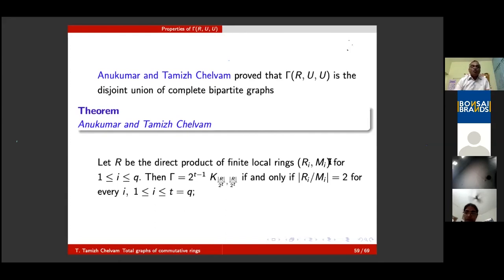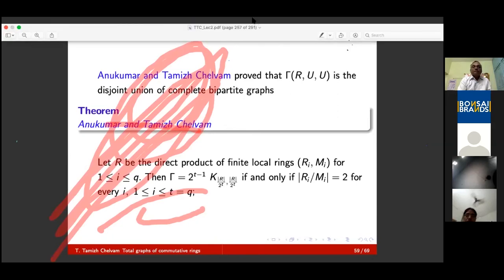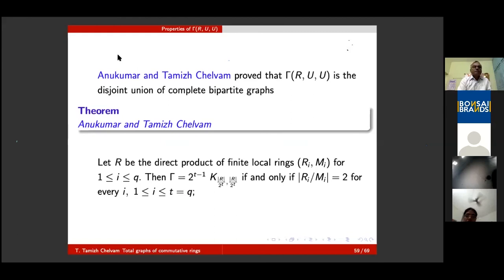gamma R,U,U. We have proved that gamma, that is gamma R,U,U, is 2 power t minus 1 disjoint complete bipartite graphs, where the cardinality is the cardinality of R by 2 power t, and t is nothing but the number of Artinian local rings for which the corresponding field is Z2.